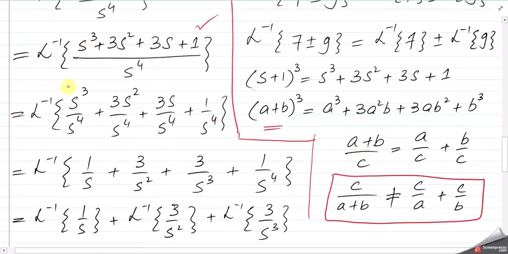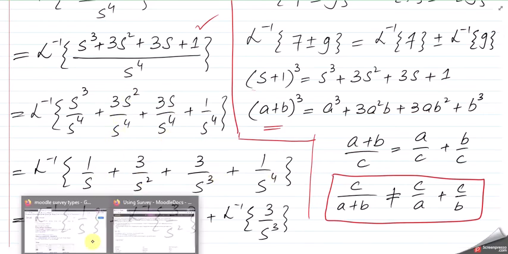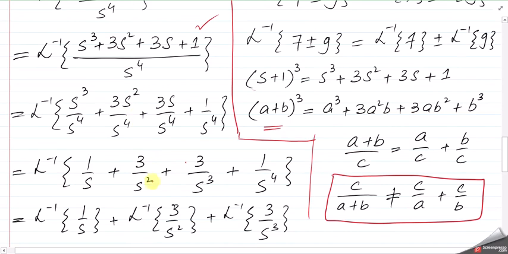Okay, so s cube over s4, 3s square over s4, 3s over s4, and 1 over s4. We can simplify the terms, cancellations, and we get this: 1 over s, 3 over s square, 3 over s cube, and 1 over s4. Now Laplace inverse can go inside and it will apply on all four terms one by one.